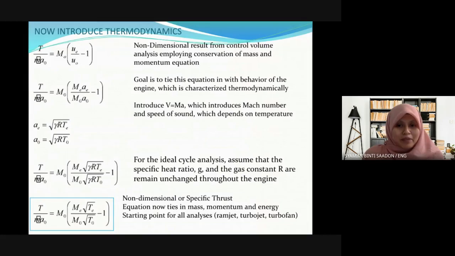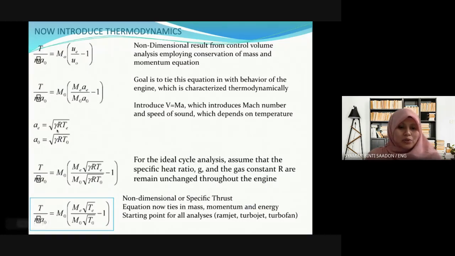What else do we have here? Kind of the same thing, just to show you how we expand this non-dimensional equation with the exit velocity as well, at the exit. So we also introduce the Mach number at the exit in this equation. UE is the velocity, so the Mach number times the speed of sound at the exit.